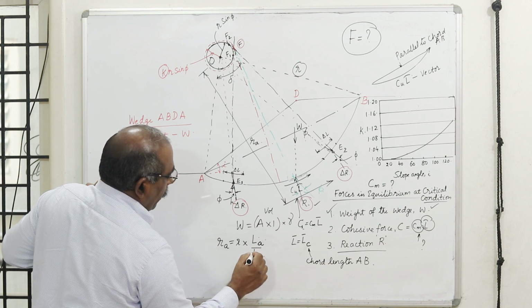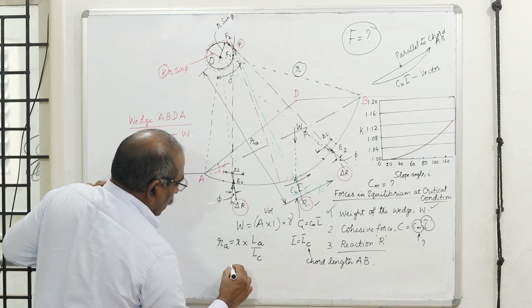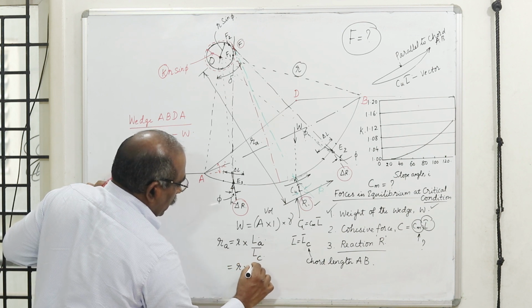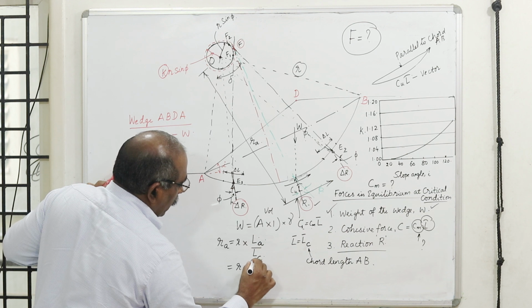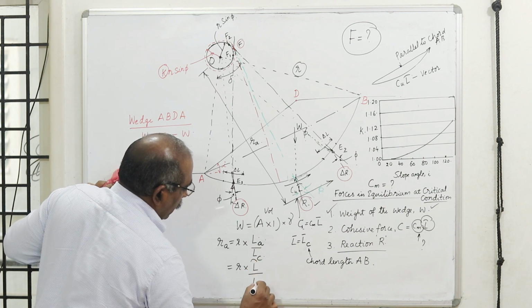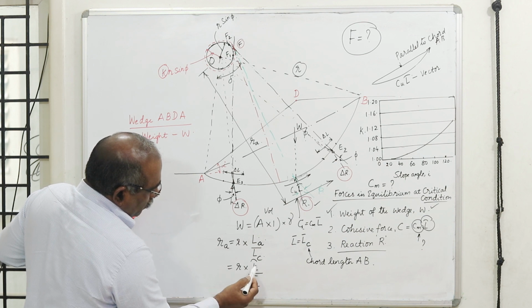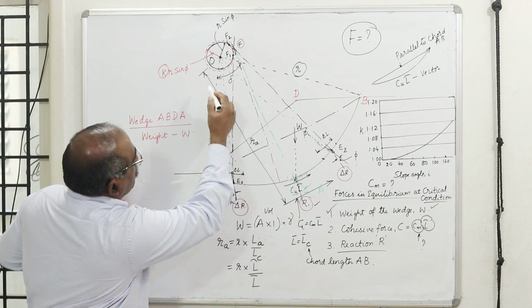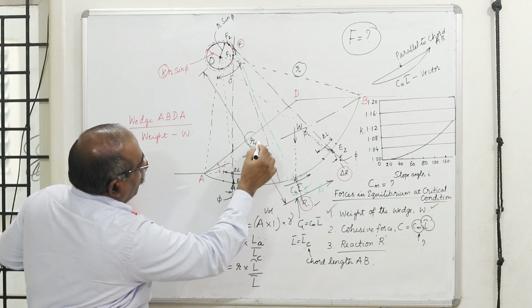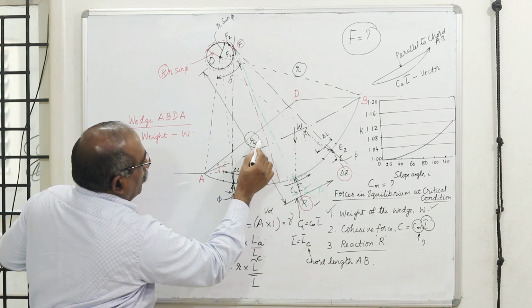Therefore, what happens? L arc and L chord. Now this distance is less and this quantity is more, so your ratio becomes more. Therefore, RA is displaced compared to R, it will be more.